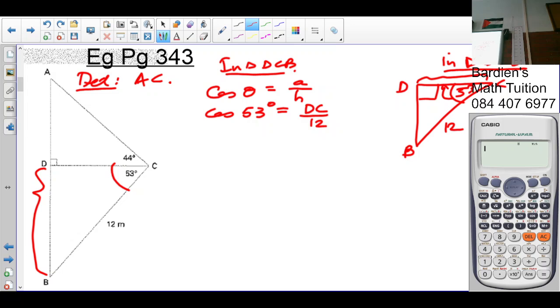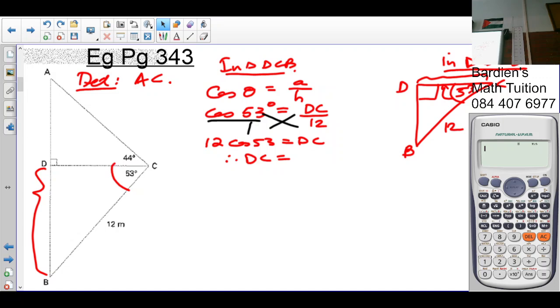So what do I do now? Cross multiply. Naturally that's over 1. So 12 times cos 53 is equal to DC. Therefore DC works out to be 12 cos 53.